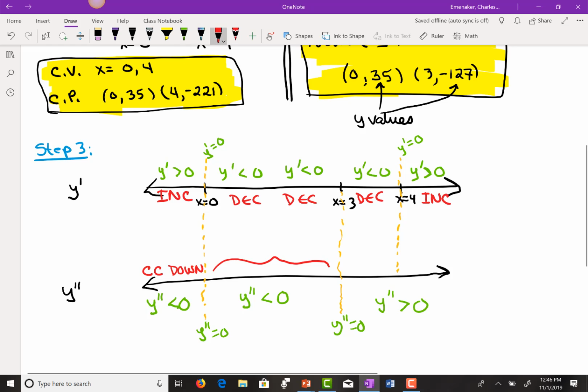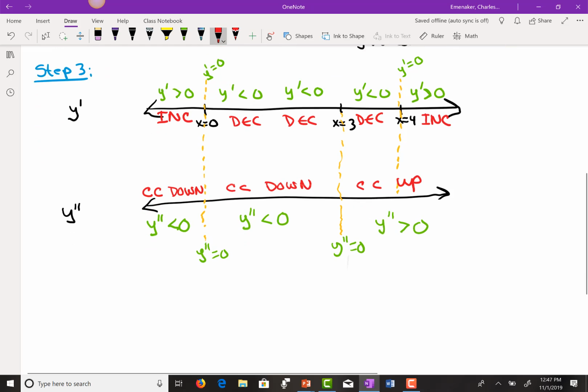On that interval there, the second derivative is negative. What's that mean? Concave down. Then, on this interval here, the second derivative is positive. Good. That means concave up. Are you okay so far?